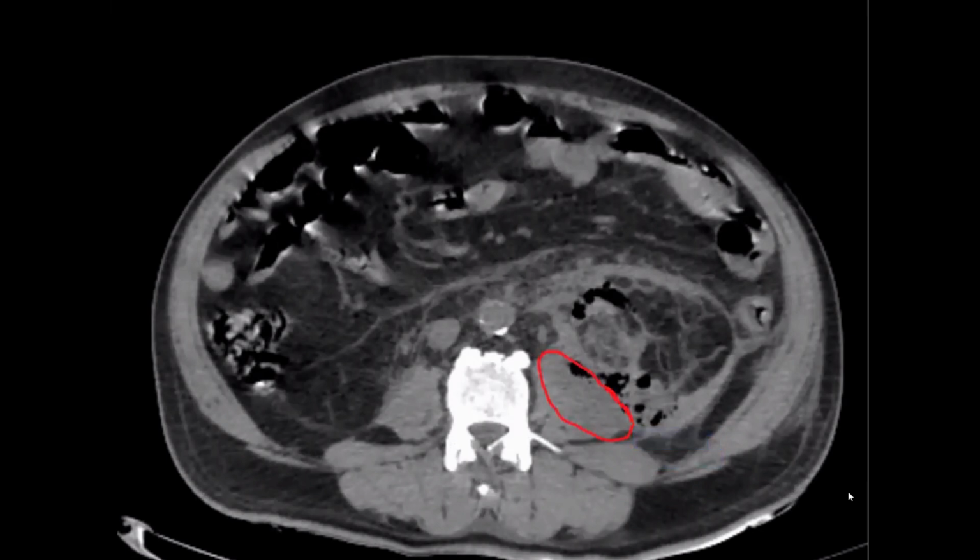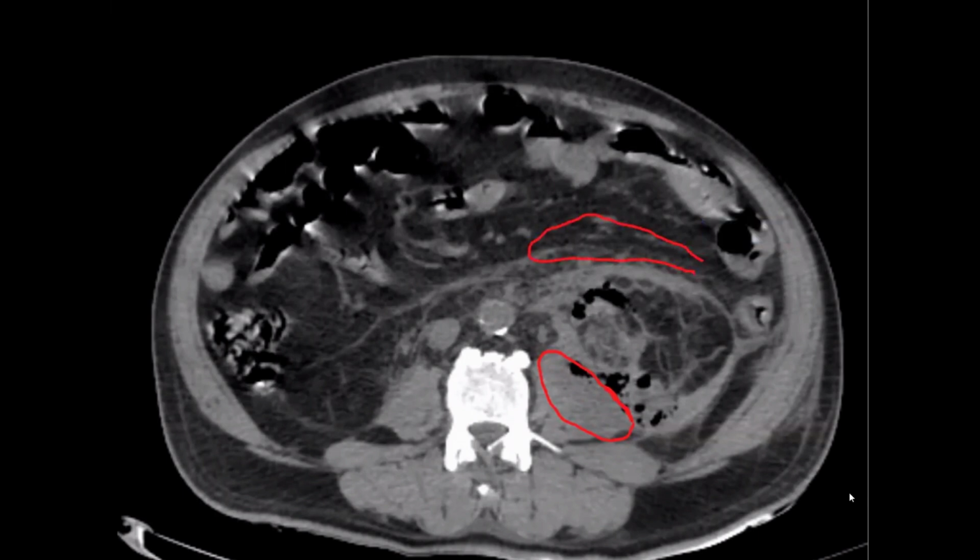Where is it located? I think it's anterior to the left psoas muscle. It is located away from the transverse abdominis muscle, just close to the psoas. I think it's an intrapsoas abscess. It's located in the posterior pararenal space. Yes, this one is the posterior pararenal space. If we have a collection here, it is the anterior pararenal space.